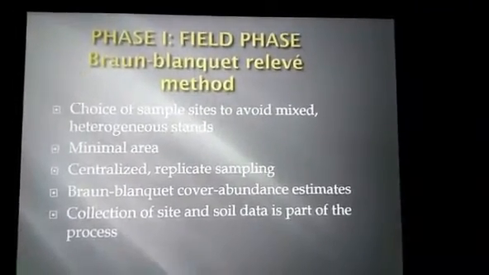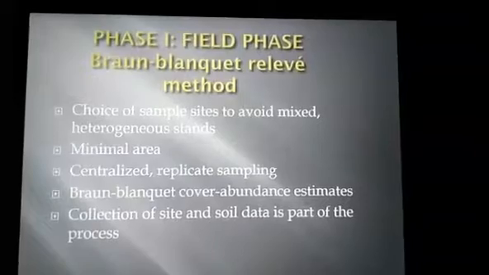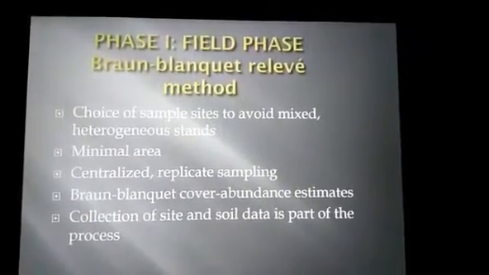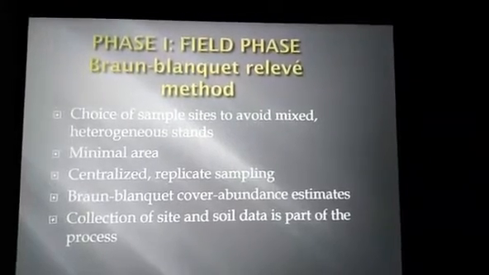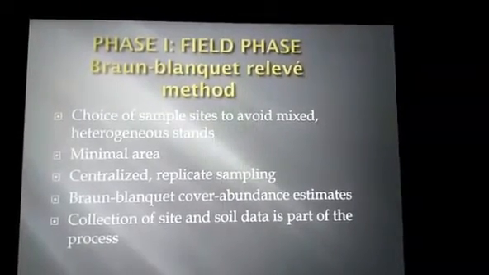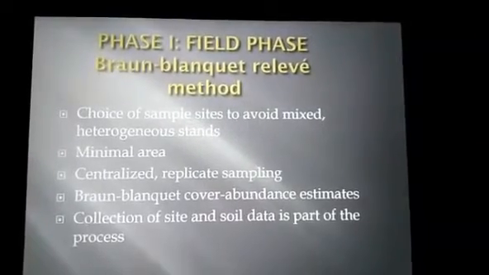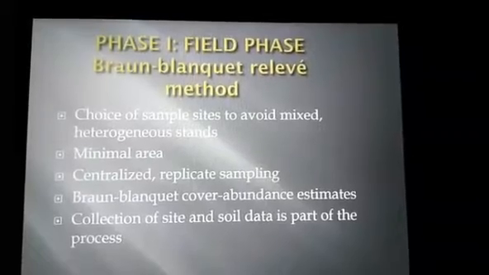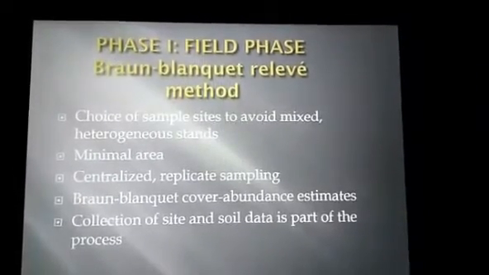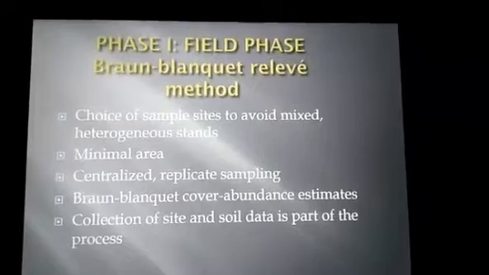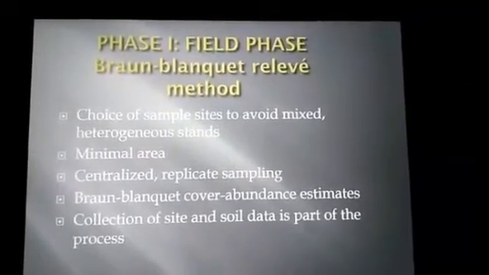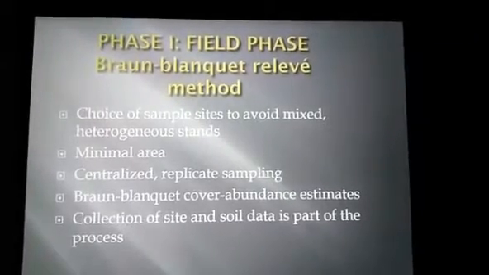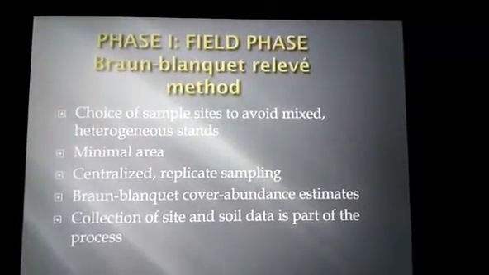So we have to find also a minimal area. As you know, that's one of the aims of the relevé method. And then it should show some centralized replicate sampling. So the Braun-Blanquet cover abundance estimates, and then also the collection of the site and soil data, is part of the process in this particular case when you are trying to classify vegetation looking at the entire flora.